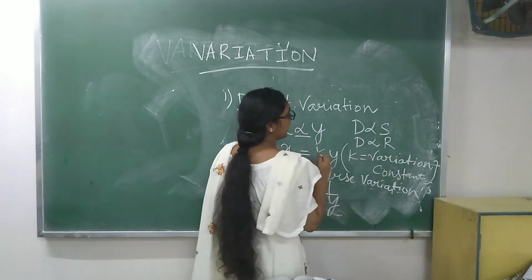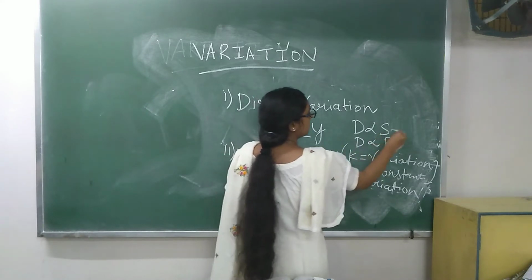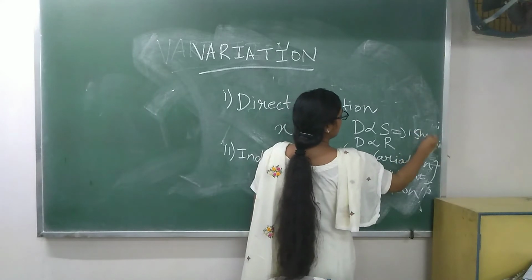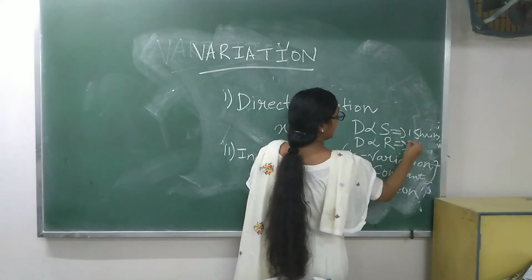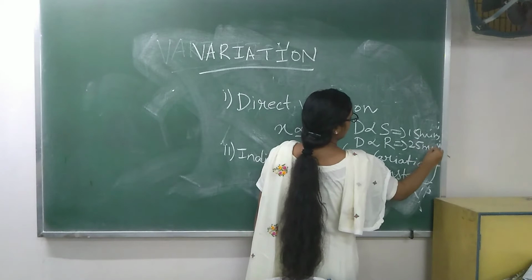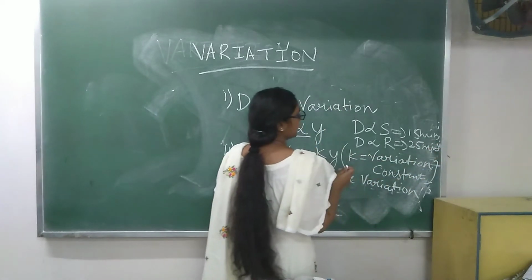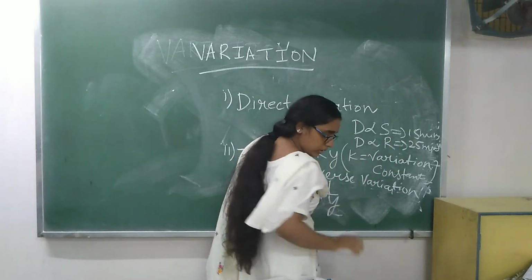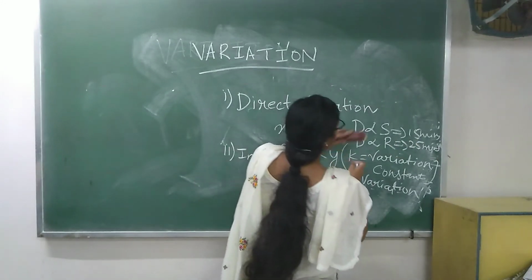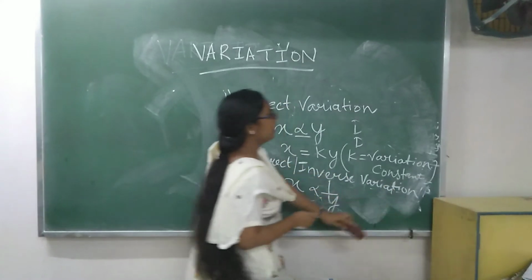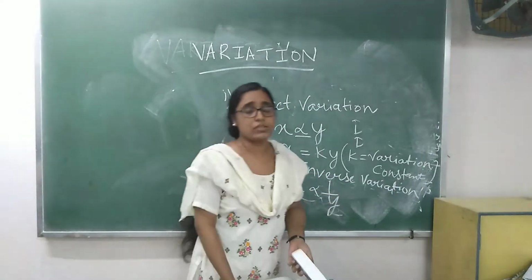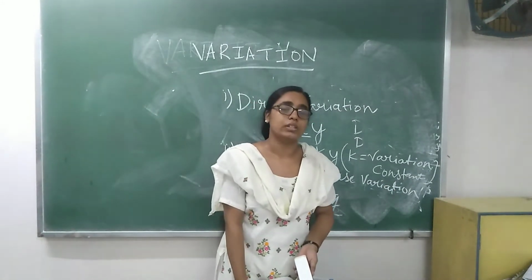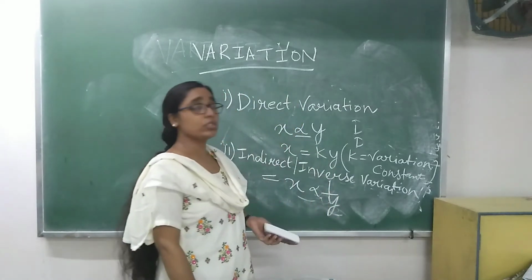When you are going to Sialda, maybe you are taking 15 minutes, but when you are going to Raza Bazar, you are taking 25 minutes. So when distance is increasing, time is also increasing. It means distance and time have a direct relation, but workers and days have an indirect relation. Understood? Please write all this in your maths copy.